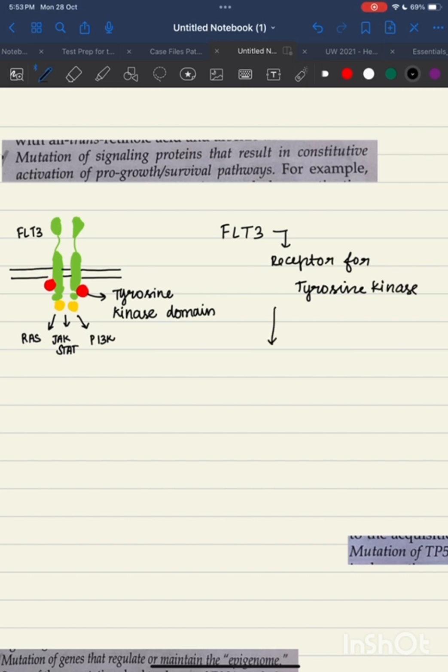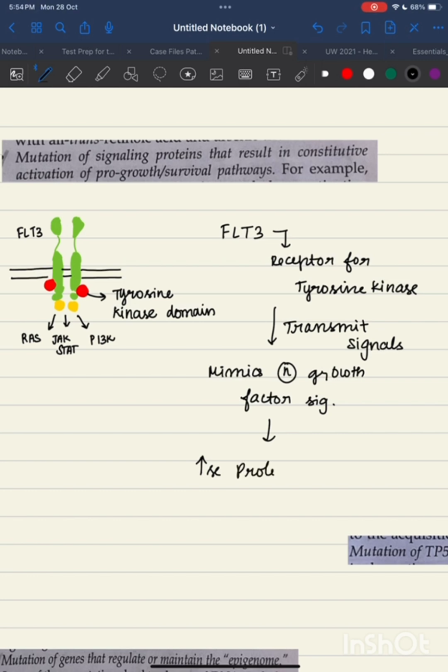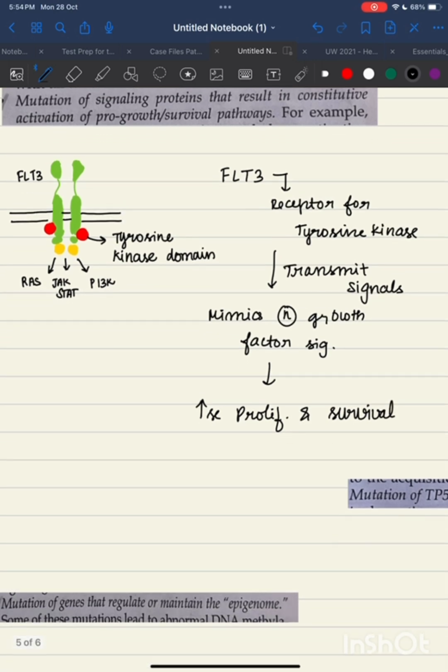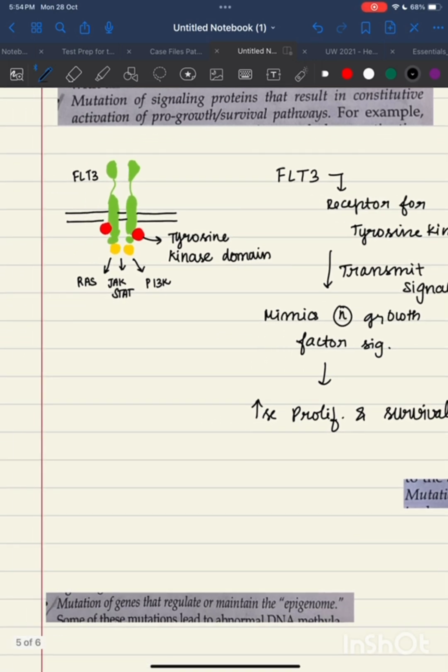It will transmit signals which mimic normal growth factor signaling, and it results in increased cellular proliferation and survival. Okay, this is how it supports AML.